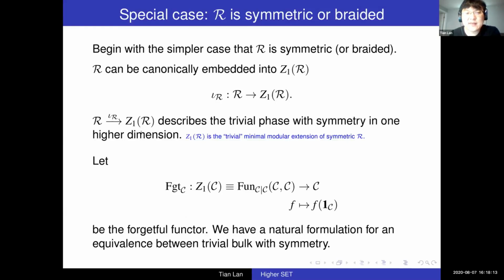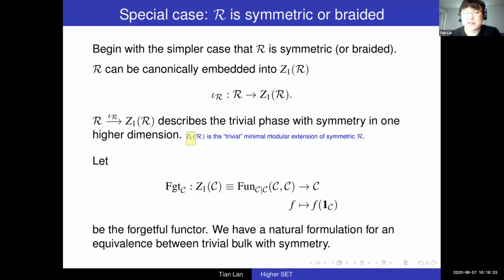So we think this data, this canonical embedding, is additional data of the symmetry. It describes a trivial bulk with symmetry. And if R is actually symmetric, this is already mentioned, I think, in Tian's talk.